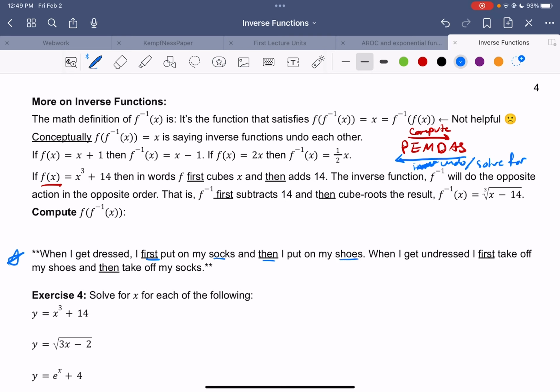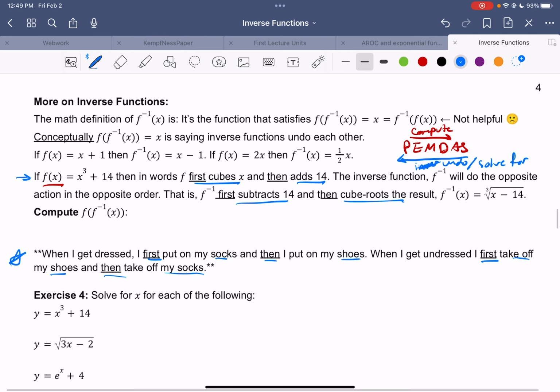And when I get undressed, getting ready for bed, I first take off my shoes, and then I take off my socks. You have to do the opposite thing in the opposite order, and we see that happen in math as well. So if I first cube x and then add 14, when I undo everything, I have to first subtract the 14, and then cube root the result.